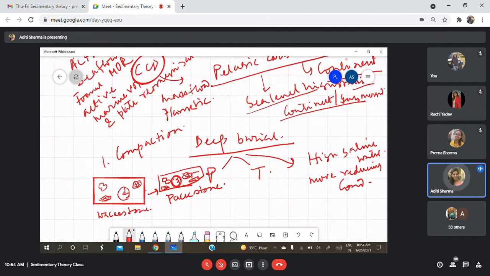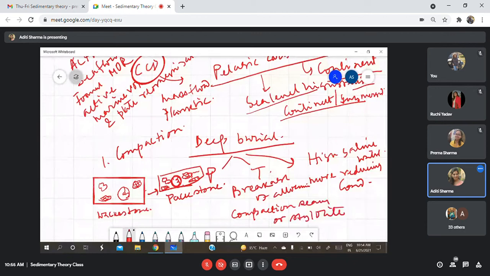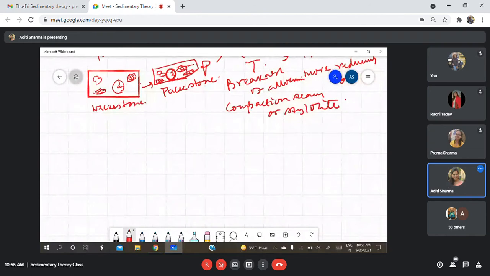There will be more breakage of allochems. And the third thing you develop because of compaction is the compaction seam or stylolite.